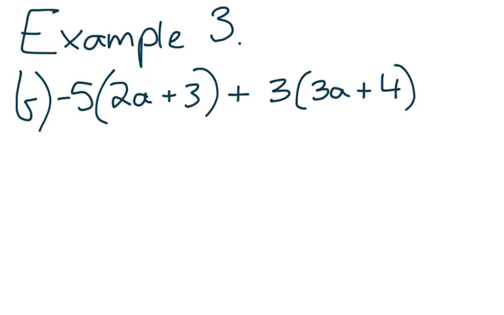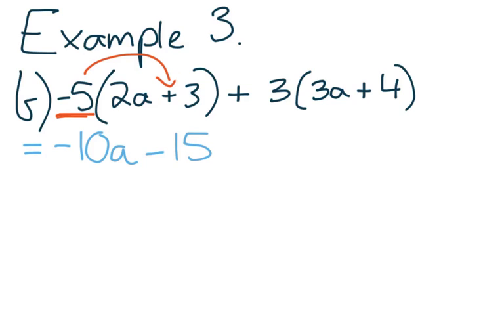And then lastly, we've just got another one here. We expand the brackets first, so we get negative 10a take 15, because remember we're treating this negative 5 as negative 5 times 2a is negative 10a. Negative 5 times positive 3 gives us negative 15. Then we're looking at positive 3 times 3a is positive 9a.